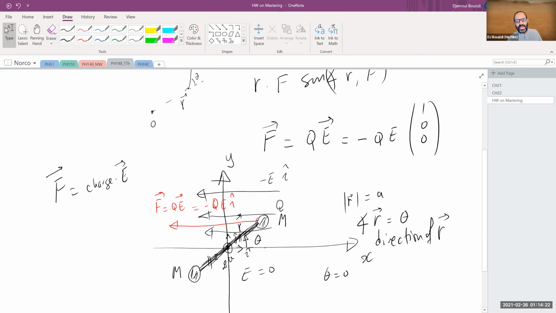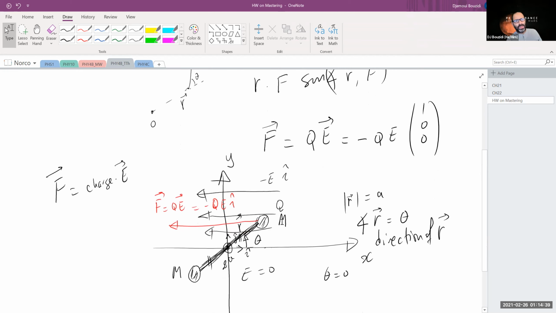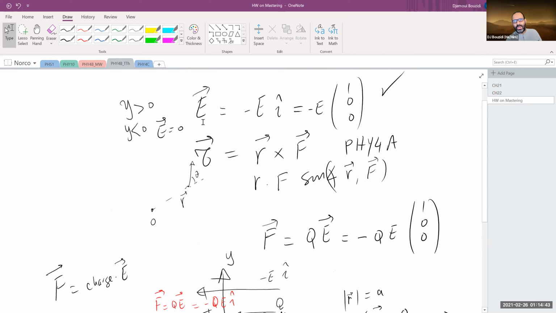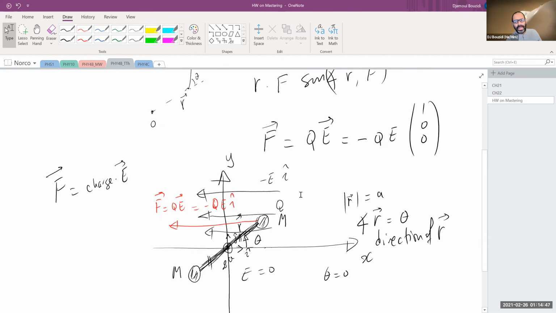This rod is free to spin in the xy plane, which means it's spinning around the z-axis. So if I'm computing torques, they will have values in the z direction. They also say these m's are small, so you can treat them as point particles. They also gave us the electric field pointing in the negative direction when y is positive, and it's 0 when y is negative.